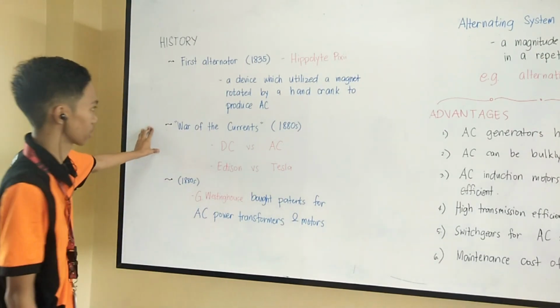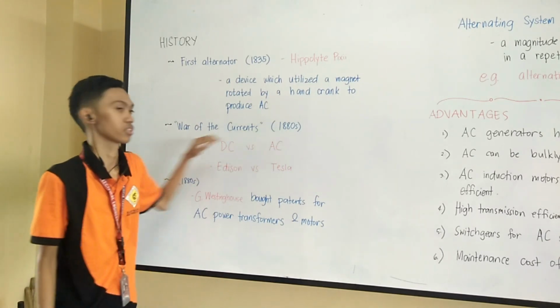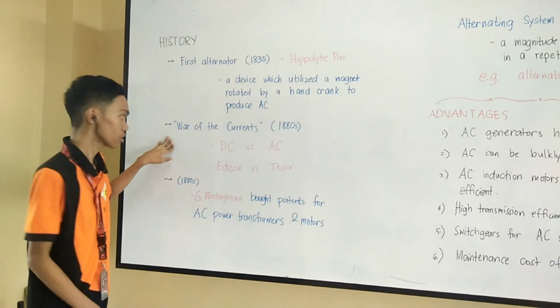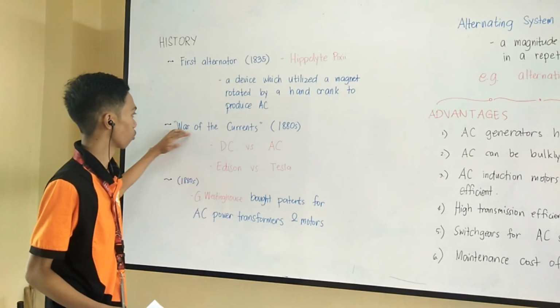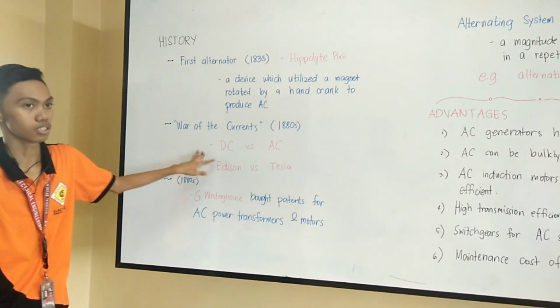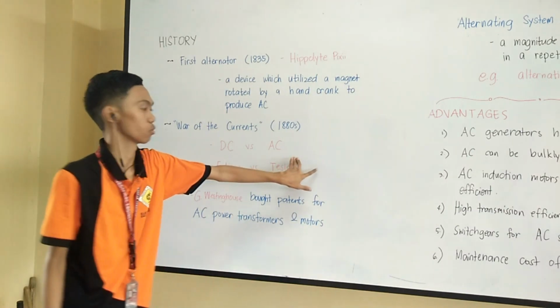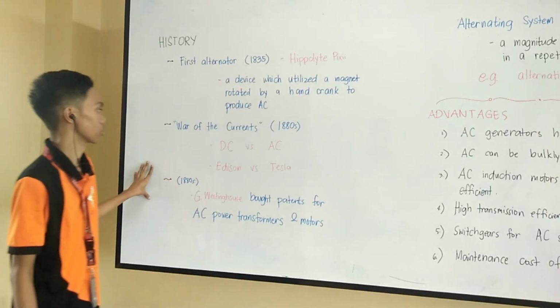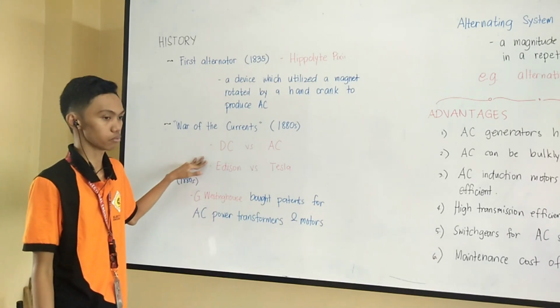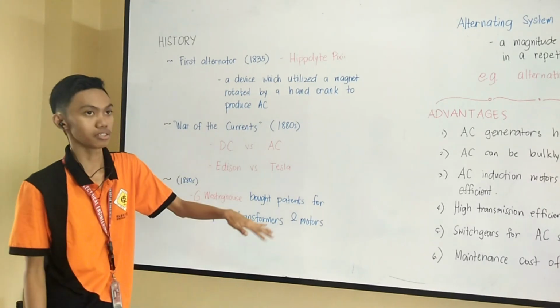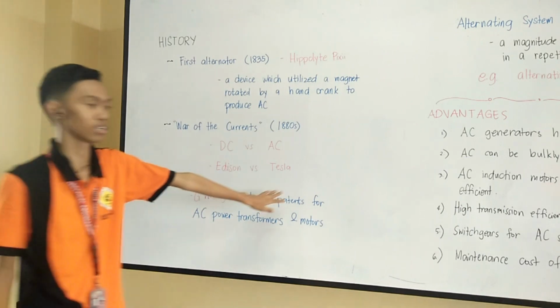Next, in the 1880s, the war of the currents took place. In the war of currents, DC versus AC was disputed. The people behind the DC versus AC war were Edison and Tesla.